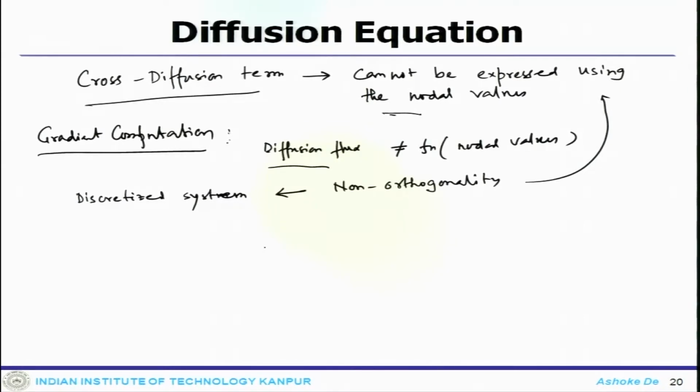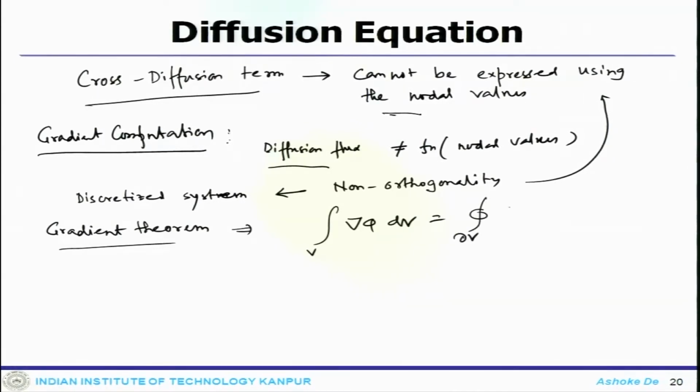So, for calculating the flux, we can use the gradient theorem. If we use the gradient theorem, what it gives you, which we have done, is that the integral of del phi dV is the surface integral of phi dS, where dS is the outward pointing interfacial vector, or you can say outward pointing surface vector.